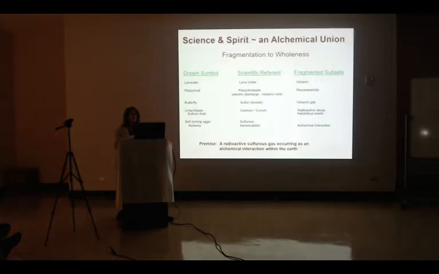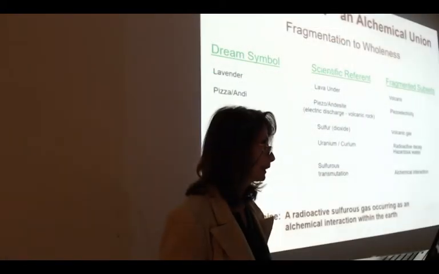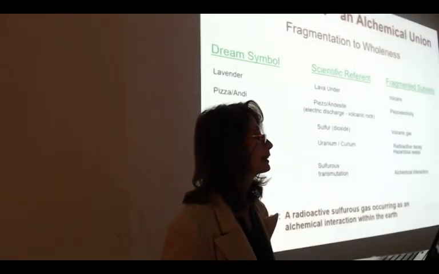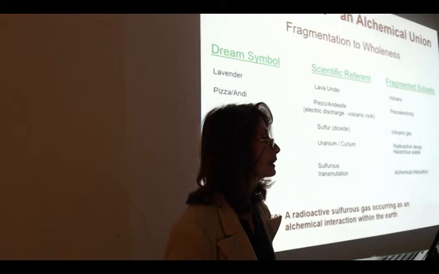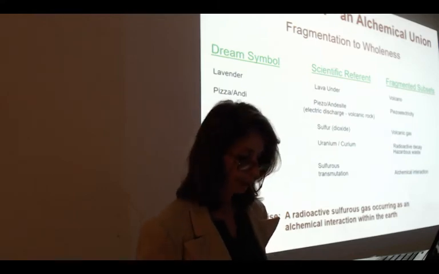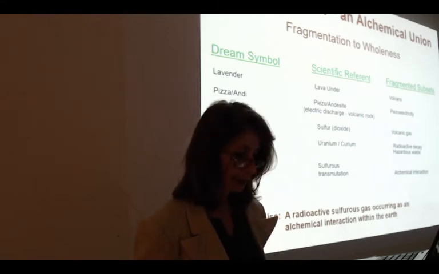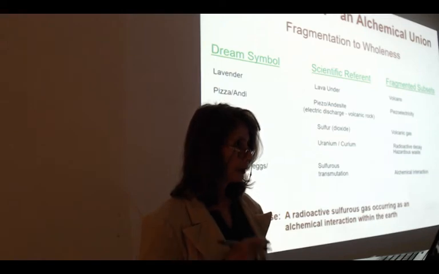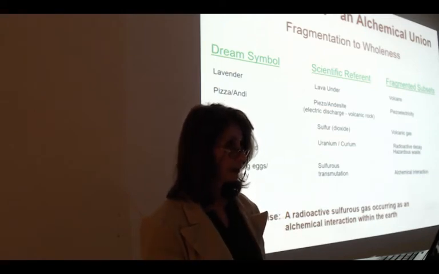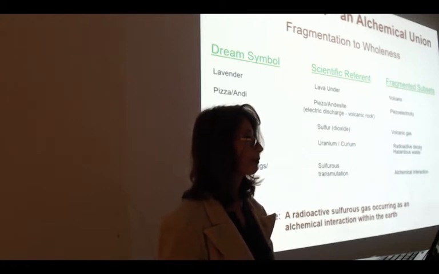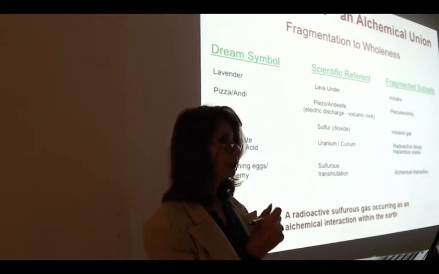Okay, so now, this is just a quick synopsis of moving from fragmentation to wholeness. And I titled it Science in Spirit and Alchemical Union because I believe that Jung believes that the alchemical transformation begins with the soul. And it was coming to me through spirit.